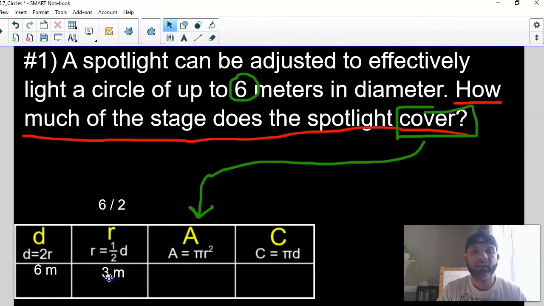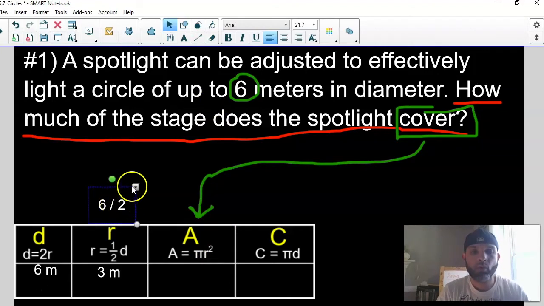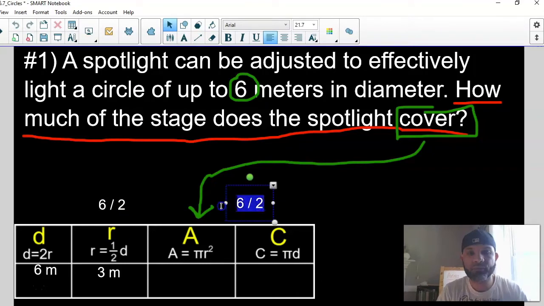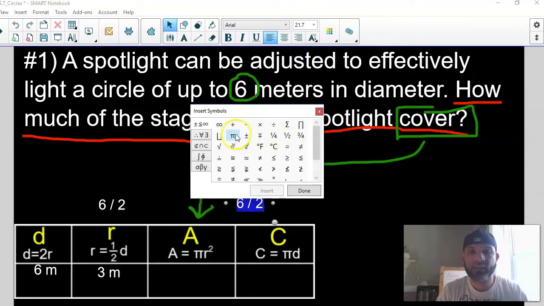Now, how much space does it cover? Well, it covers pi times the radius squared. So pi times something squared. Well, we know that the radius, we just figured it out. What is the radius? Well, the radius is 3.